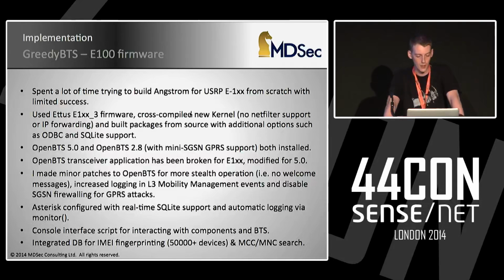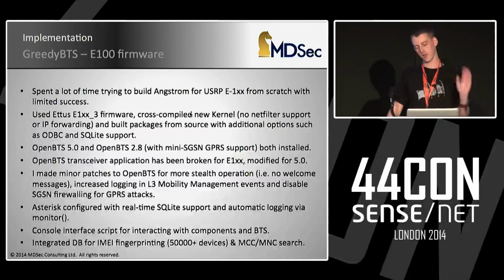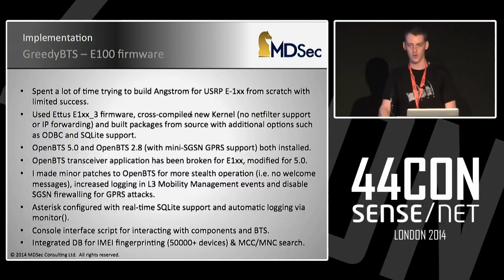I also built OpenBTS 5.0 and 2.8 with mini SGSN or packet radio support. I had a couple of issues because there's a lack of support for the E-series in the OpenBTS branch, so I had to make some patches and fix things within the code.